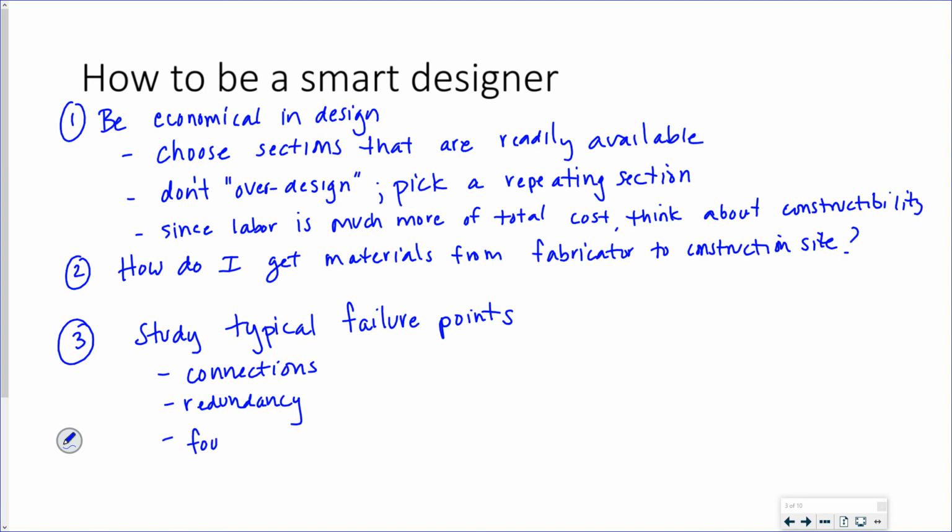If there's any type of differential settlements or settlements in your foundations, that's why the Leaning Tower of Pisa is leaning, from differential settlements on either side. So these are all just things to think about when you're designing.